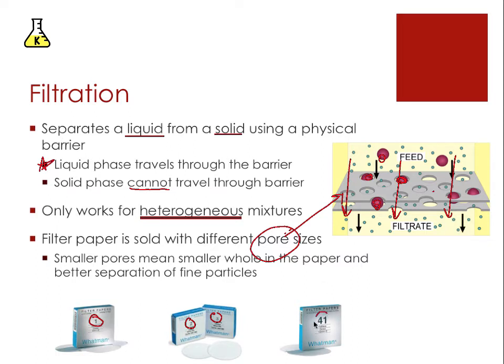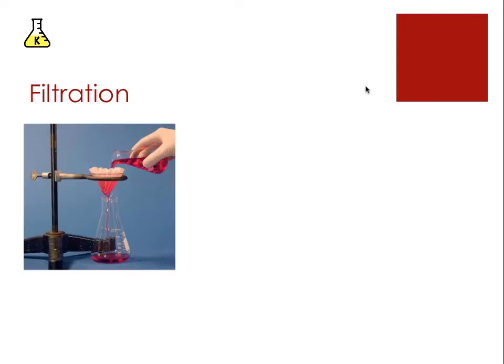However, filter paper comes with other characteristics as well, which create other numbering systems. Generally speaking, the smaller the pore sizes, the smaller the holes in the paper, and as a result, the better separation of fine particles. The catch to this is that those smaller pore sizes often also mean a slower filtration process. So ultimately, there's a compromise between how good of a filtration method you want versus how much time you have to do your filtering.